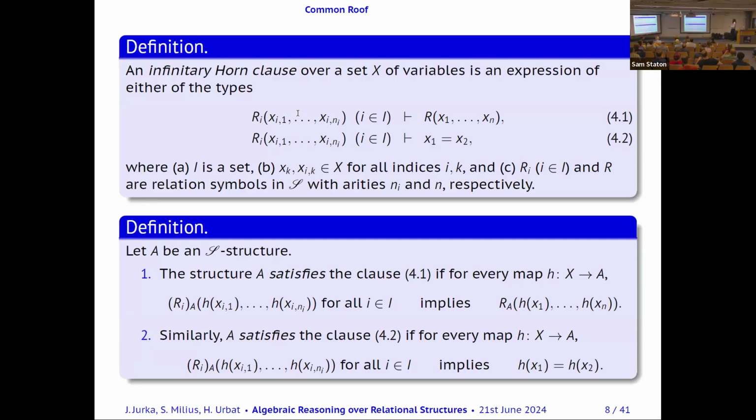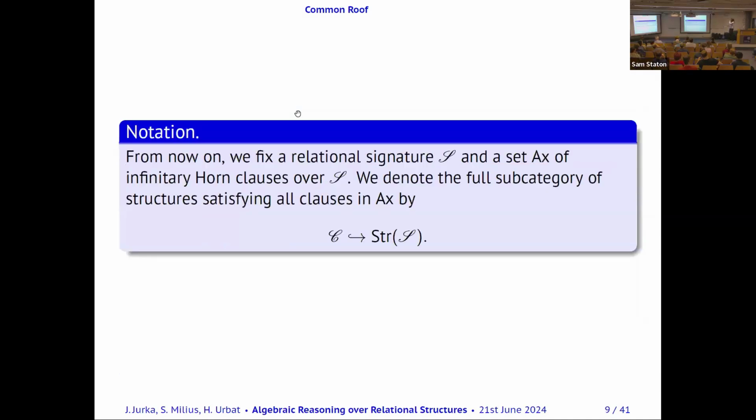It's an implication like this for each assignment of variables in X by values in A, in both cases. And we will fix, as I hinted before, this class C, and those will be the structures that satisfy some fixed set of these infinitary Horn clauses.